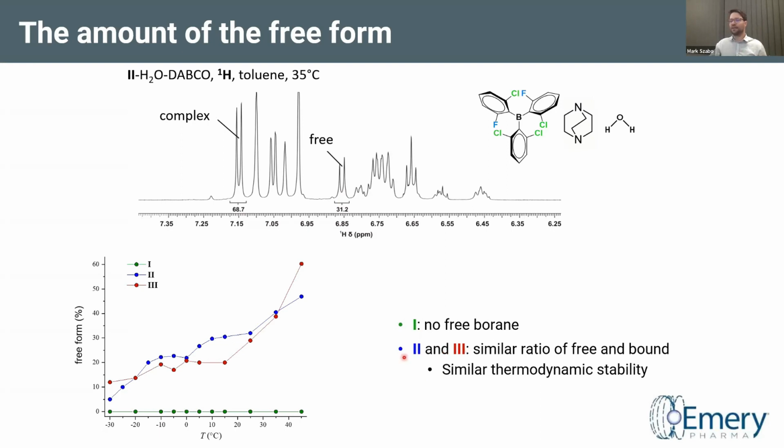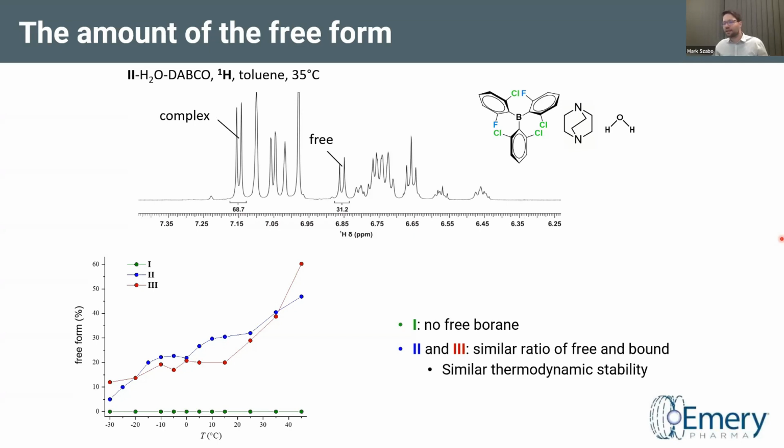In the case of the other two, borane number 2, which contains 4 chlorines and 2 fluorines, and borane number 3, which contains 5 chlorines and 1 fluorine, the ratio of the free form was very similar.